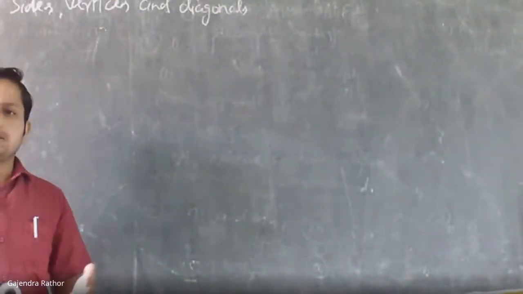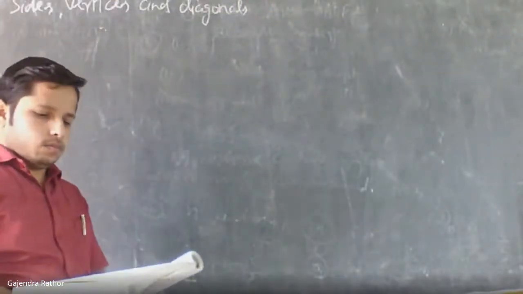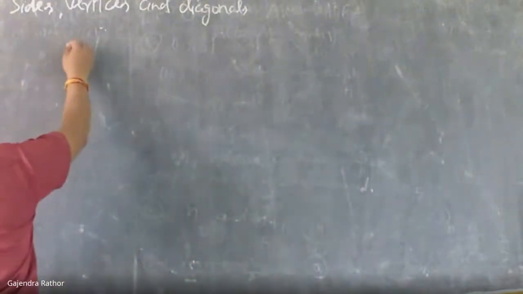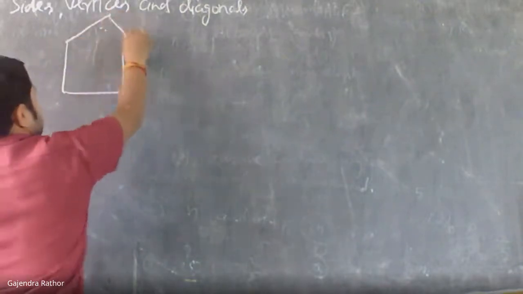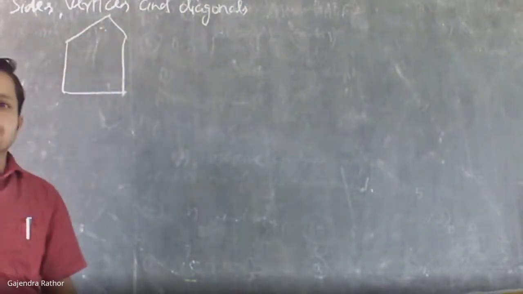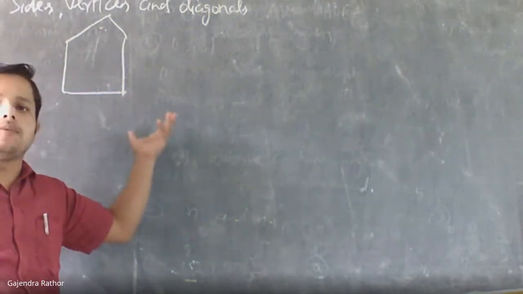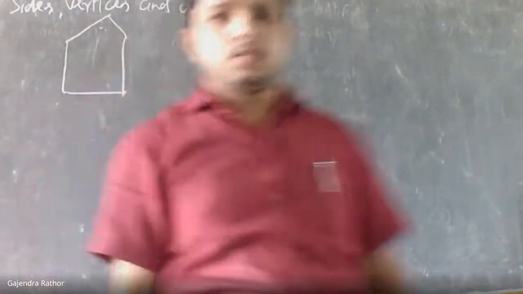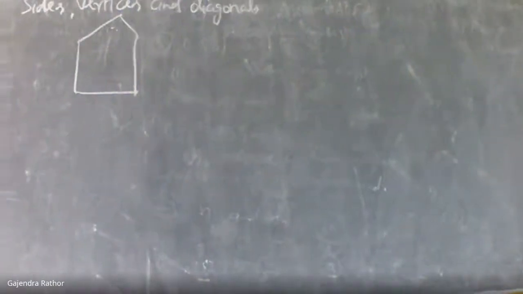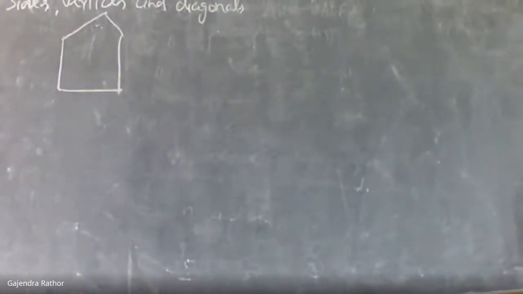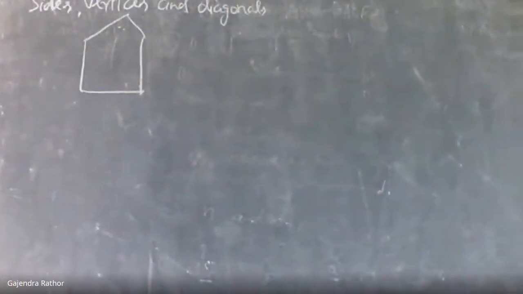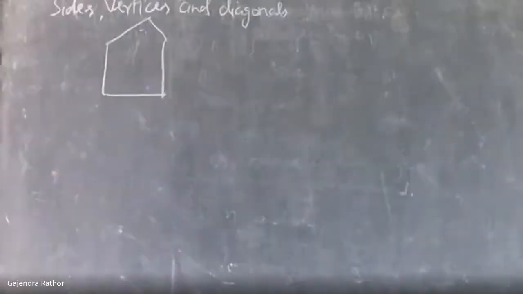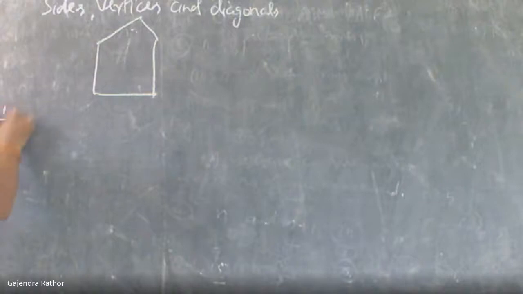Okay, to understand this, I am drawing a polygon like this. This is a polygon because it's made up only of line segments. The first point is sides.